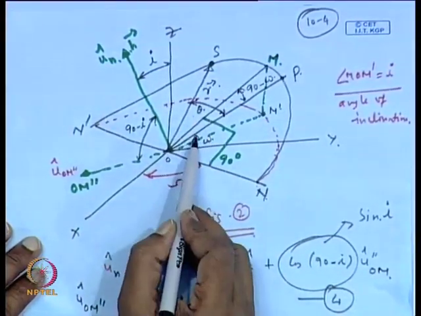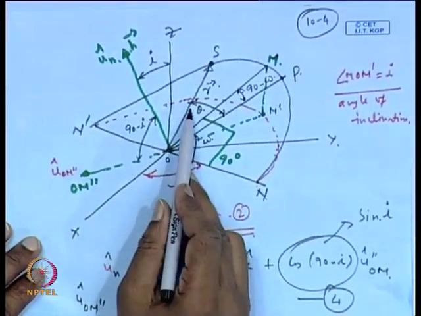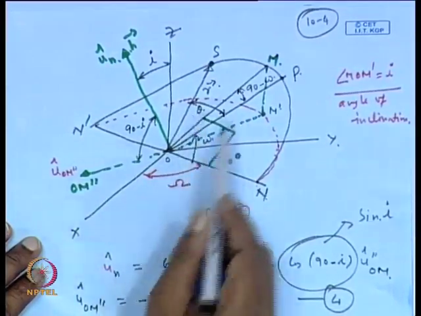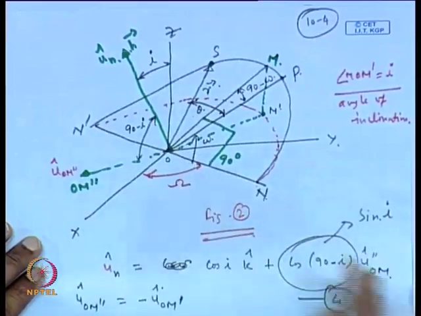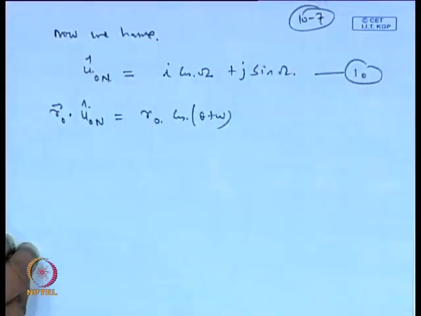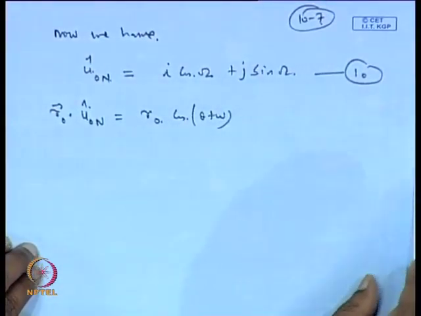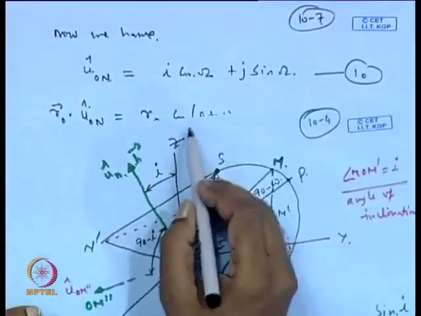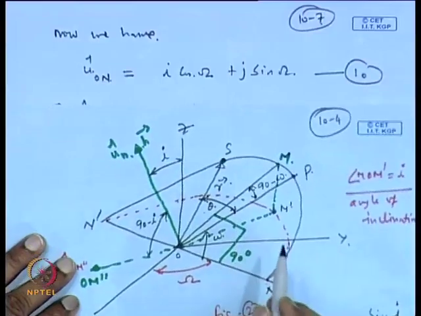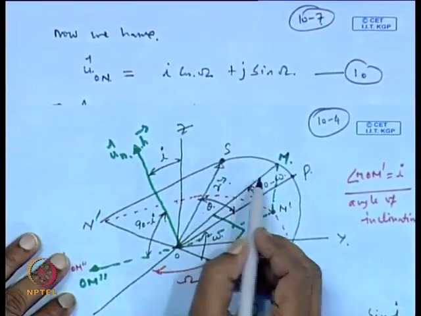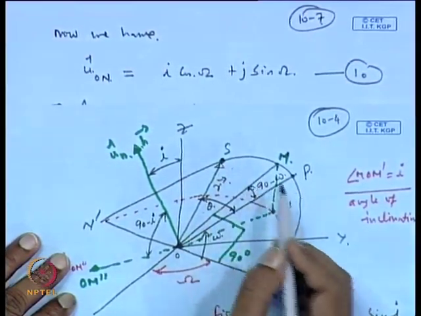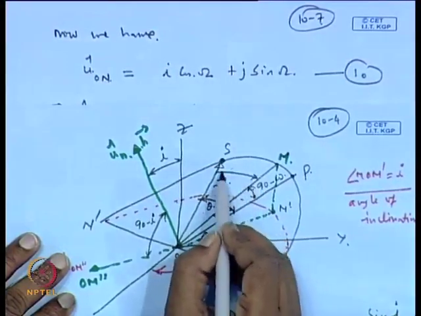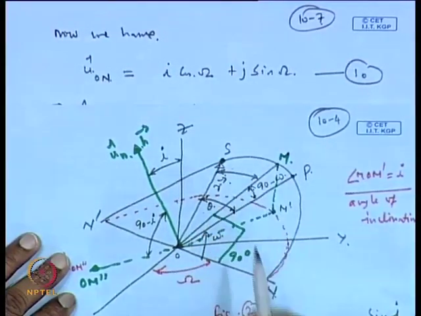So, omega can be derived by subtracting theta from theta plus omega. Okay. So, here we are attempting to find out the value for cos theta plus omega. So, this angle, we know the angle. Let us look into what this quantity is between S and OM.